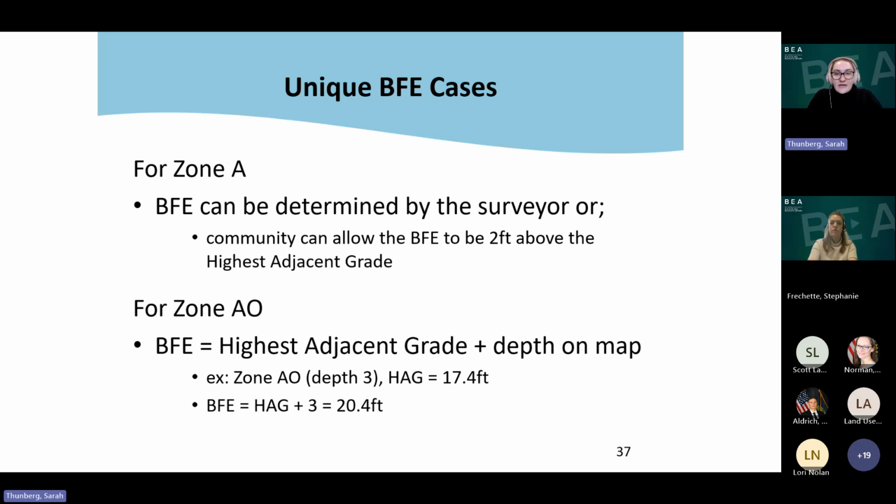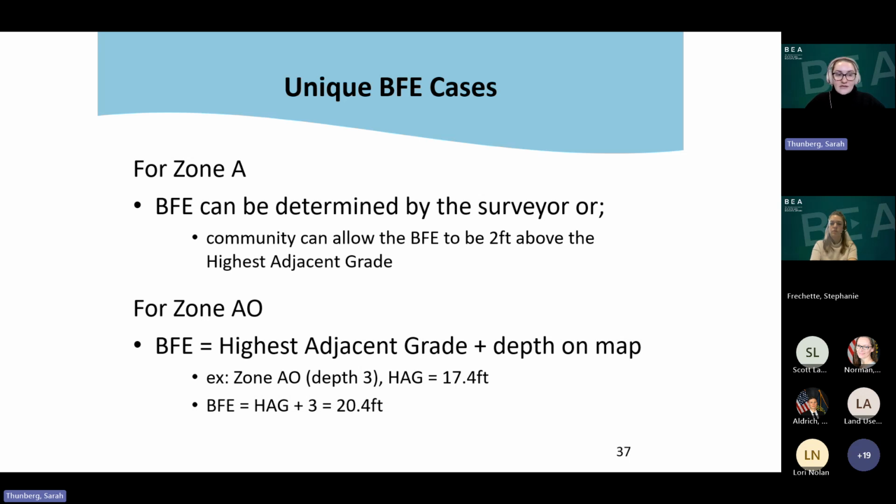So the BFE for these zones is the highest adjacent grade plus the depth on the map. So for example, if we're in a zone AO depth 3 with a highest adjacent grade of 17.4 feet, you want to add the depth and the highest adjacent grade together to get a BFE of 20.4 feet.